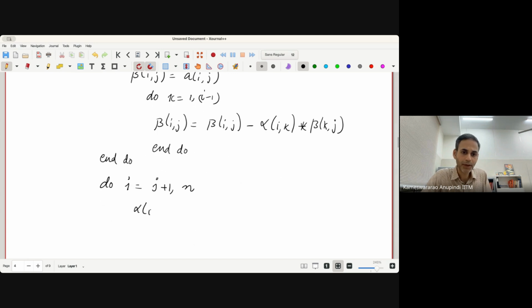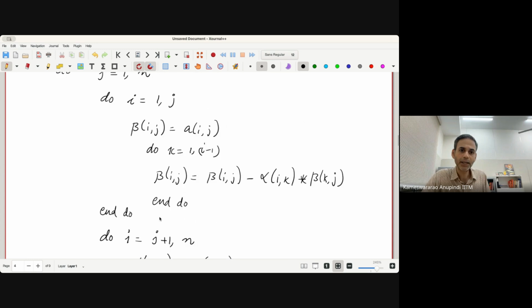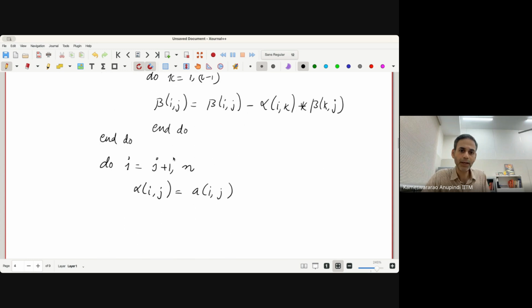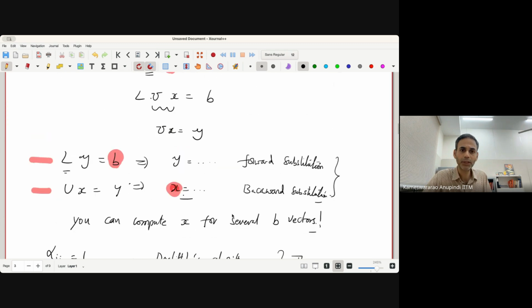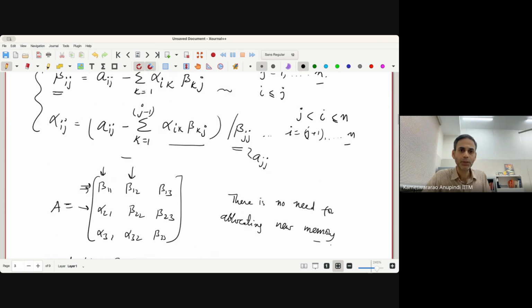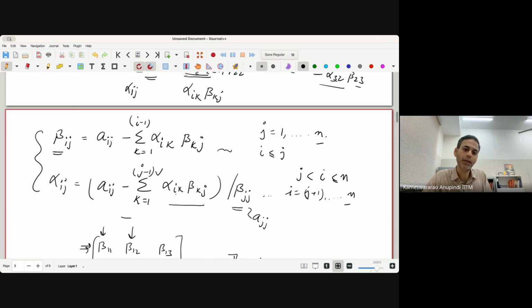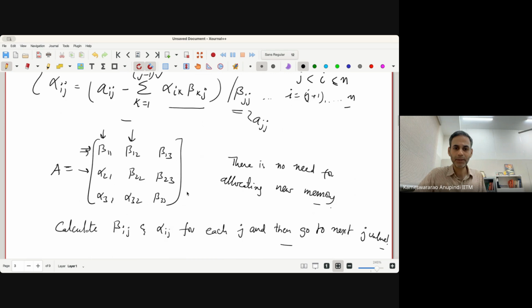Then my alpha ij is going to be aij. That is my i loop. Then I would again have a k loop. Do k goes from 1 to j minus 1, right? If we go back to what we have written, this was k goes from 1 to j minus 1 and alpha ik beta kj divided by beta jj.